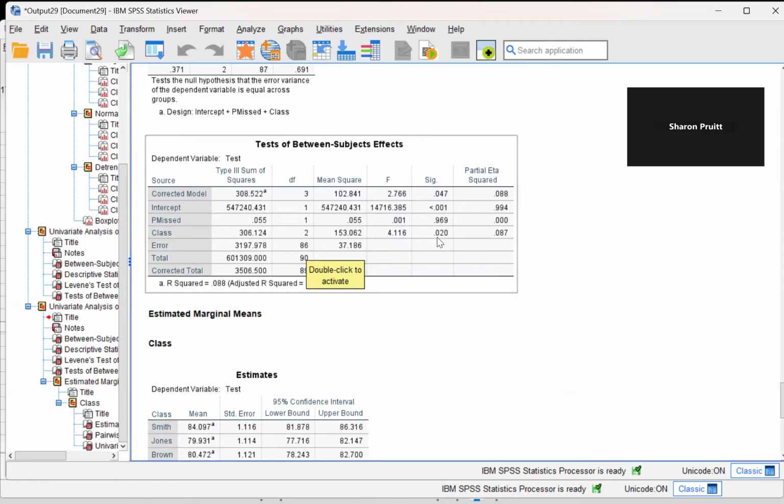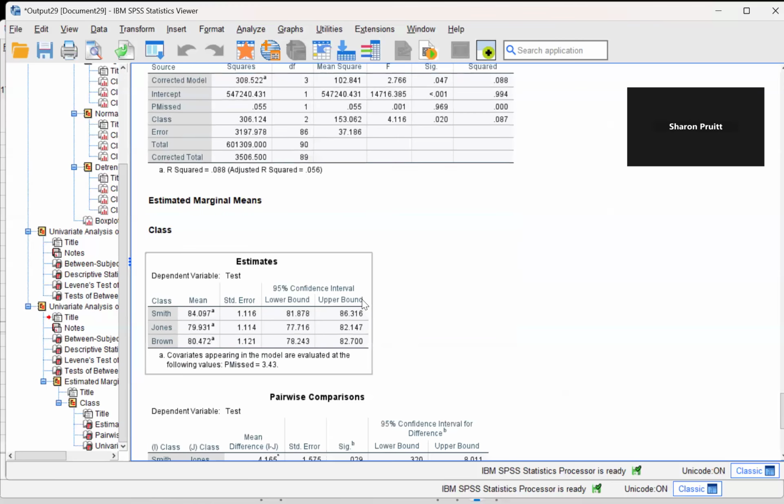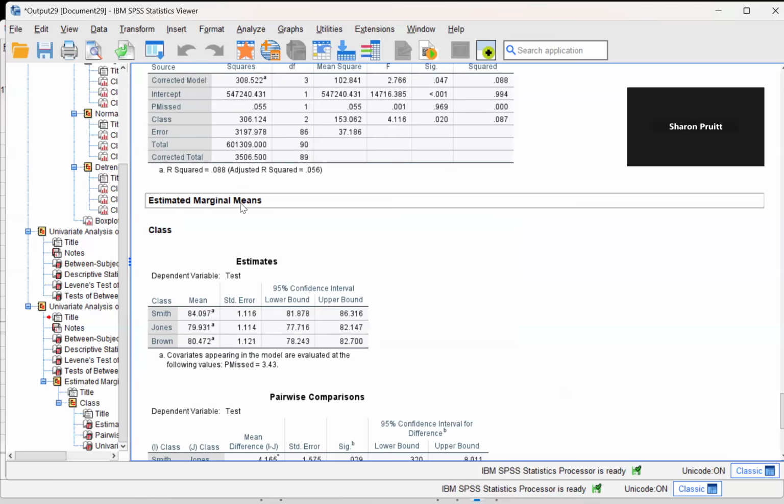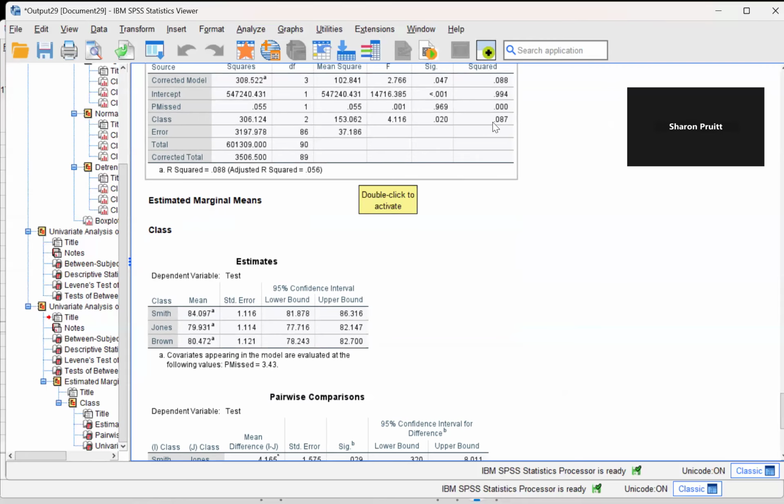Because the p-value is less than 0.05, the null hypothesis was rejected. Note the null hypothesis stated that there is no difference among classes after controlling for periods missed, but there is a difference. I'm sorry, we'll go back to 0.087, our partial eta squared.